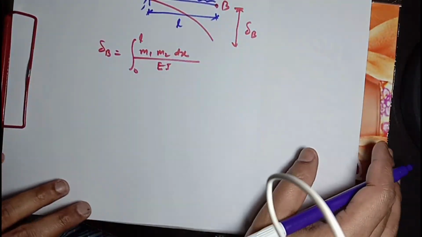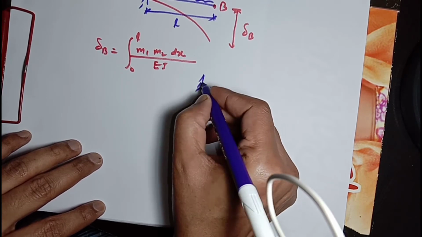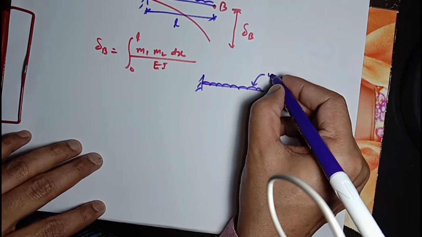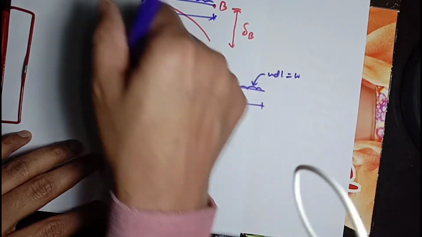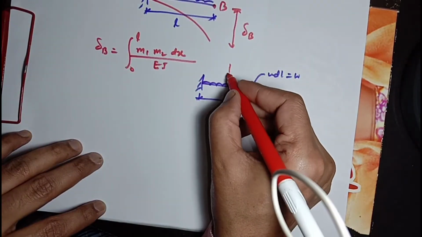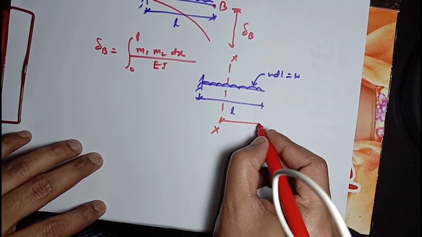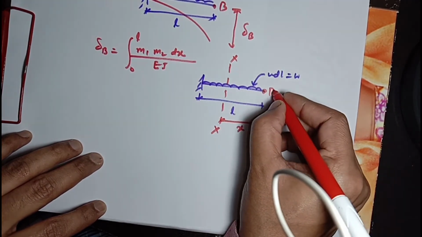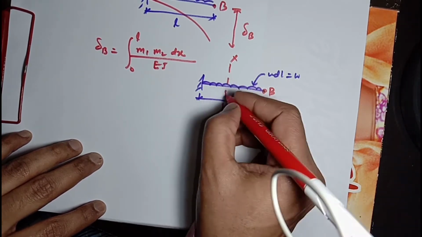Now try to understand with a pictorial representation what is M1 here. This is the cantilever beam subjected with a UDL equal to W, span is L. Now we are taking a section XX that I have explained in a statement, and this section will be at a distance of X from this point B, this is tip of this beam, and we need to find moment at this section XX.